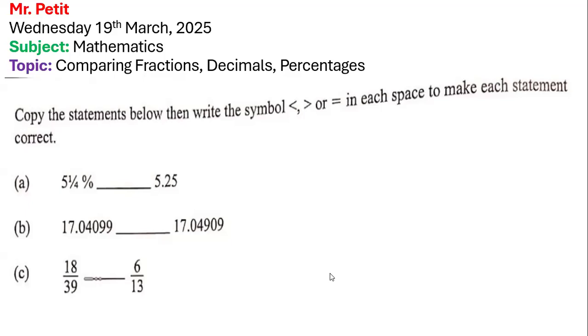Very good. A: 5 1/4% blank 5.25. B: 17.04099 blank 17.04909. C: 18/39 blank 6/13.